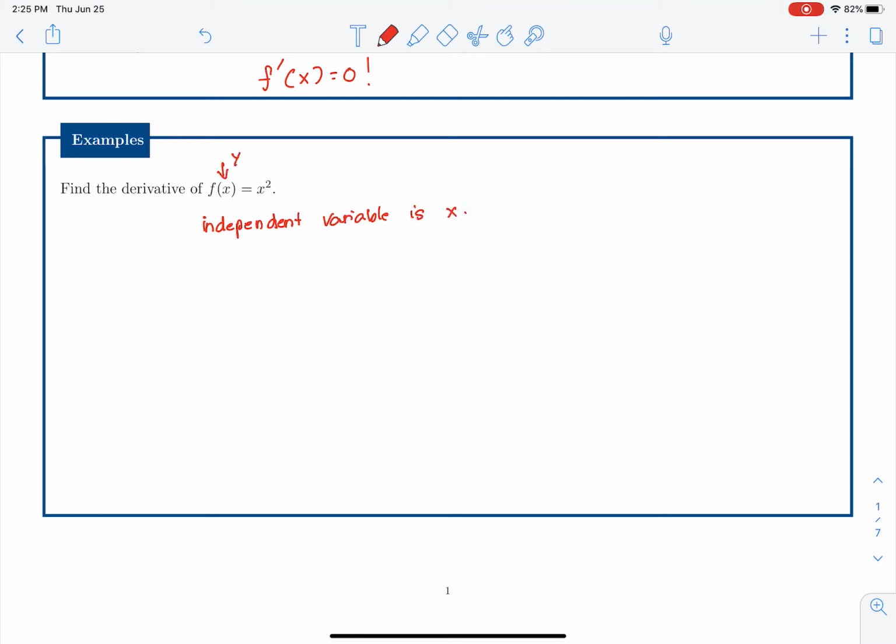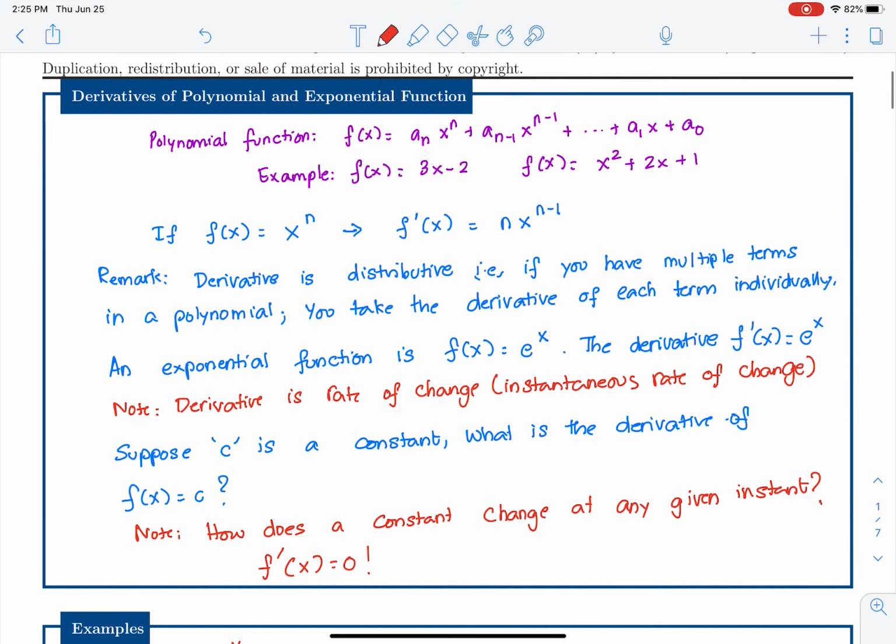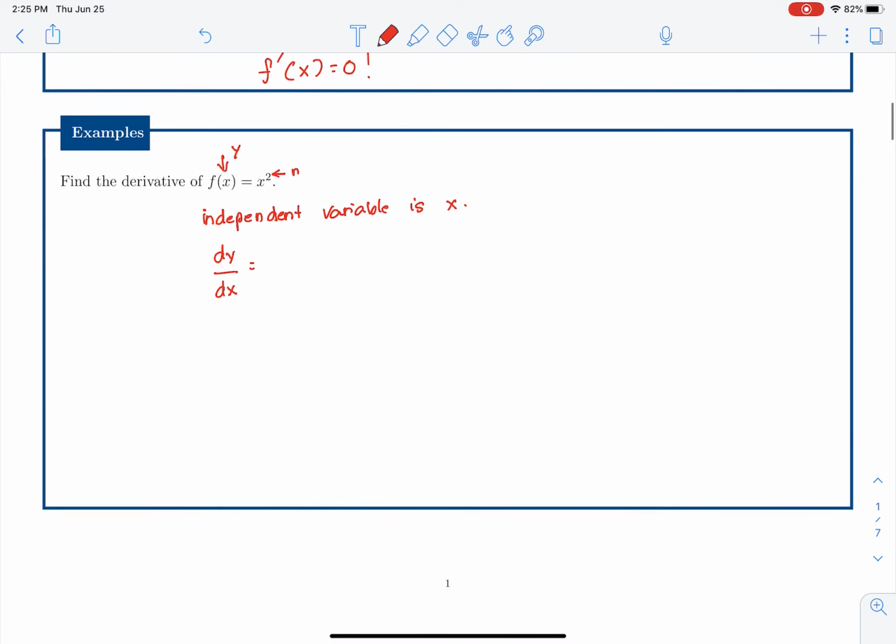If I call that y, I'm taking the derivative of y with respect to x. The n in the power is 2, so the rule suggests the derivative has to be 2 times x raised 2 minus 1, which is 2 times x raised 1. The answer is 2x, and that would be f prime of x.